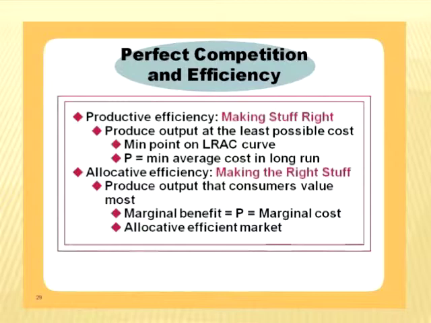We produce at the least possible cost, that is the minimum point on the long run average cost curve, and we produce the output that consumers value most, which means that the marginal benefit equals the price equals the marginal cost. So it's allocative efficient as well. That is, it's the best of all possible worlds. It's the most efficient way to produce things.